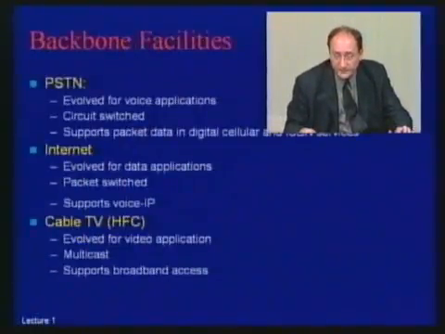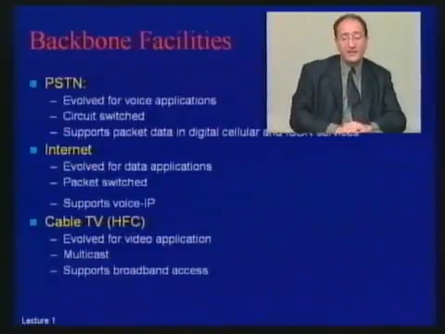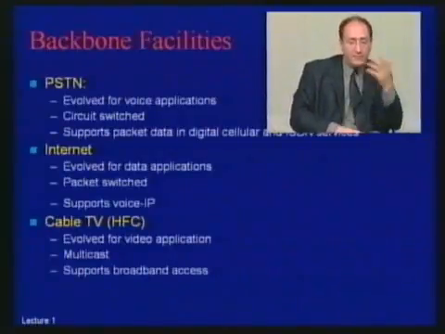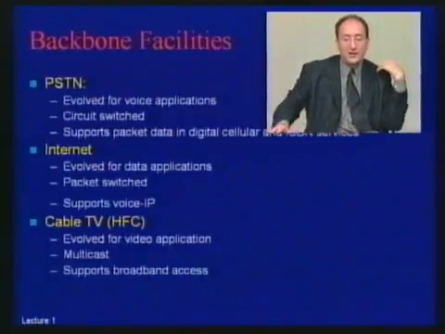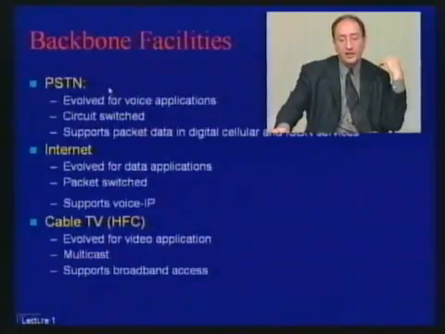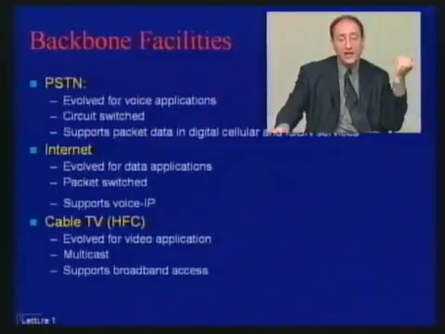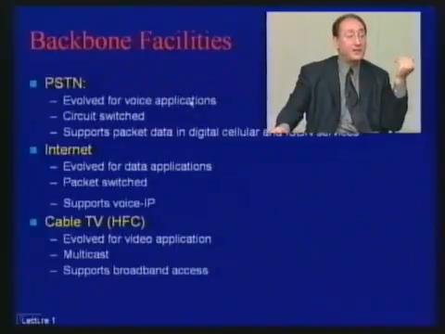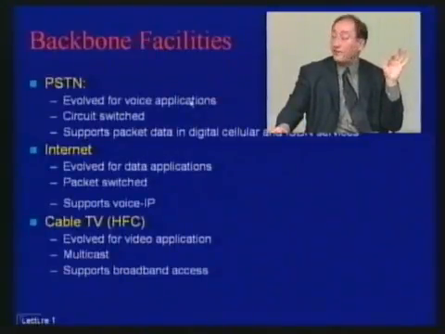First, the backbone facilities. The major backbone facilities available are the public switched telephone network, the internet, and cable TV. As we discussed earlier, the public switched telephone network evolved for voice application, I mean real-time, two-way telephone conversation with quality of service.